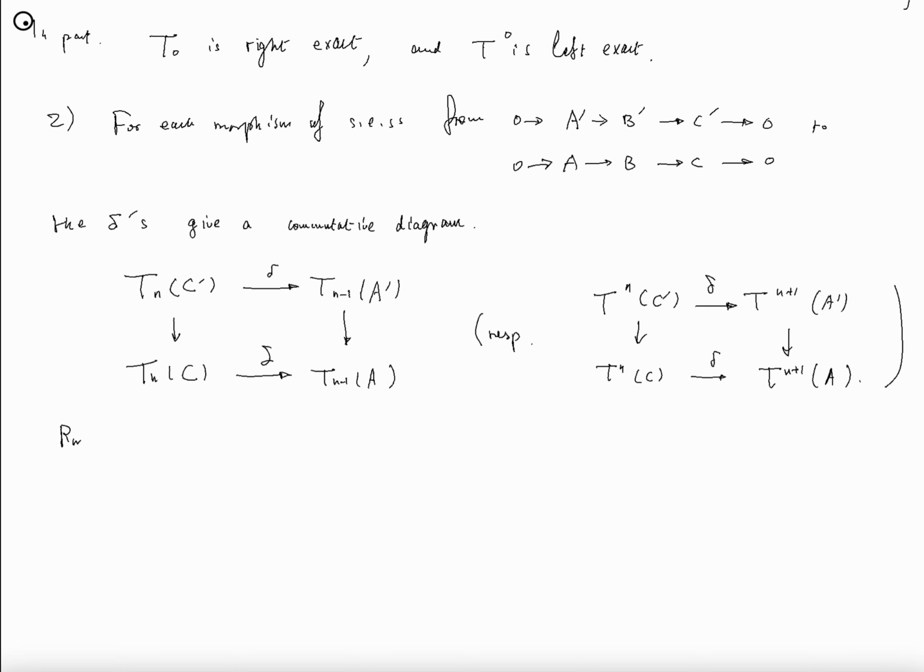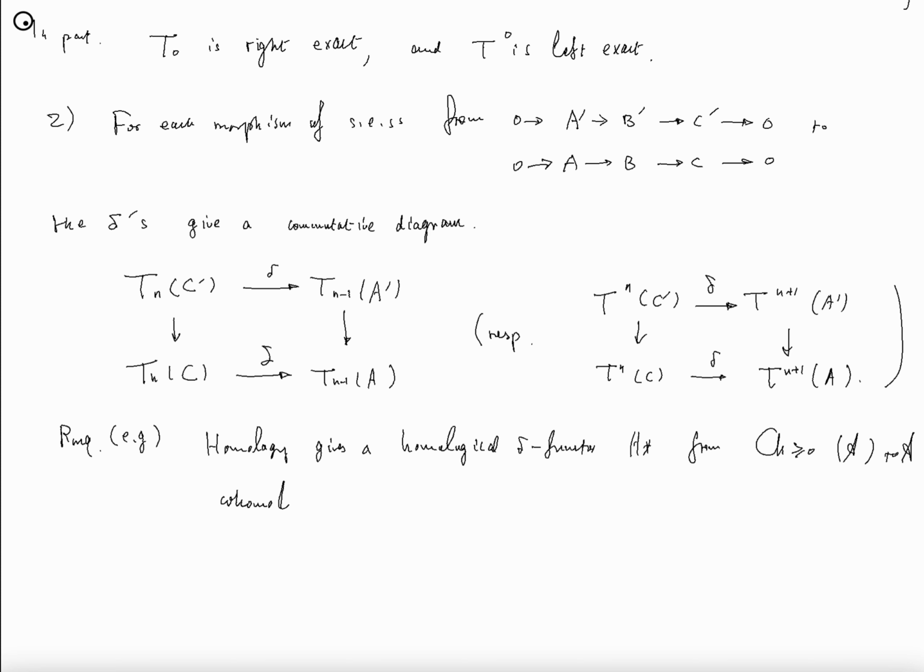Remarks and also examples. Homology gives a homological delta functor, each lower index, from chain complexes to A, respectively.